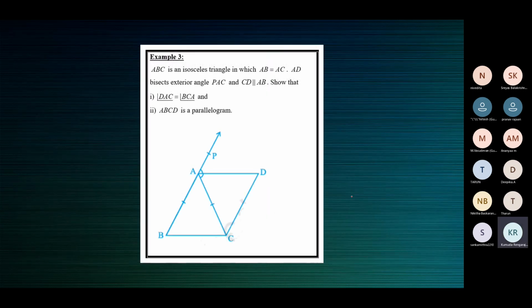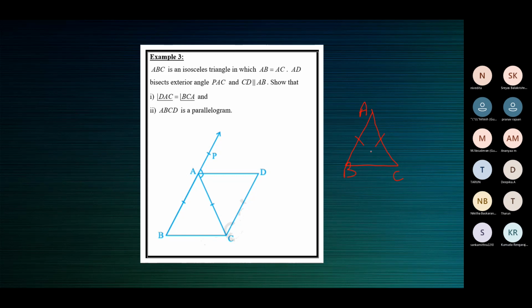Example 3. ABC is an isosceles triangle in which AB is equal to AC.